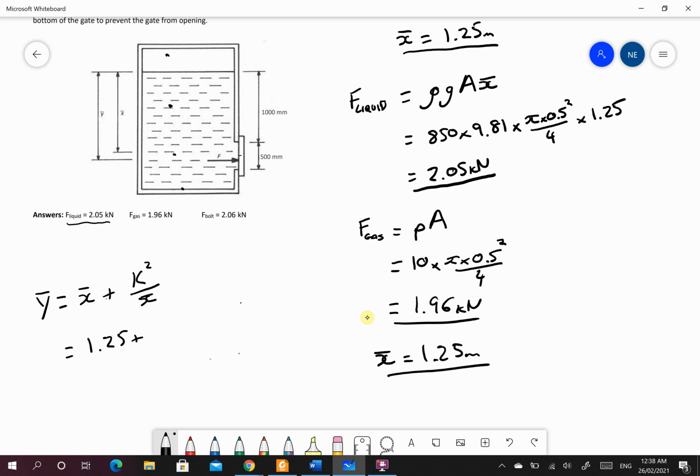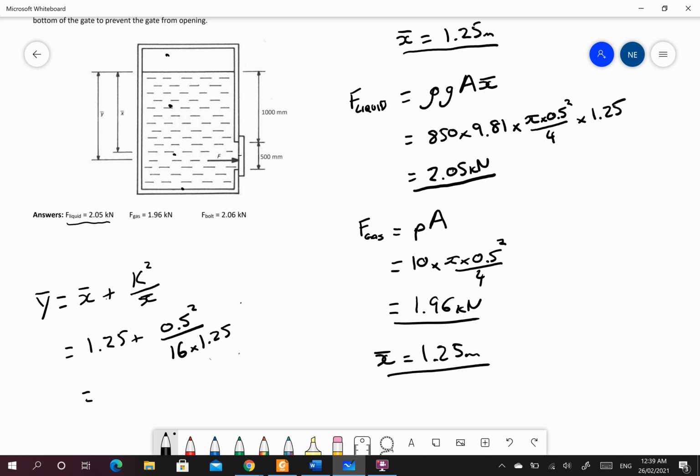What we end up with is 1.25 plus 0.5 squared, so D squared over 16, times 1.25. Just punching into the calculator: 0.5 squared divided by 16 times 1.25, plus 1.25.